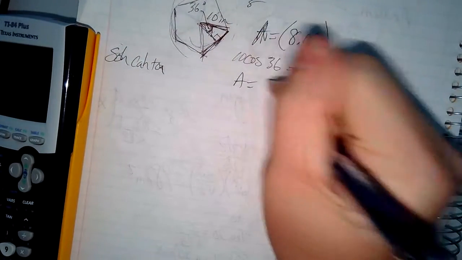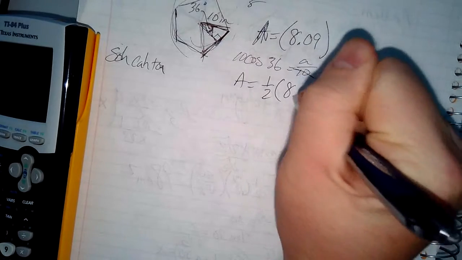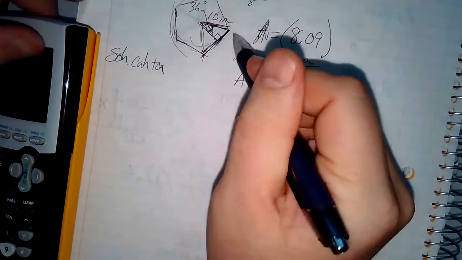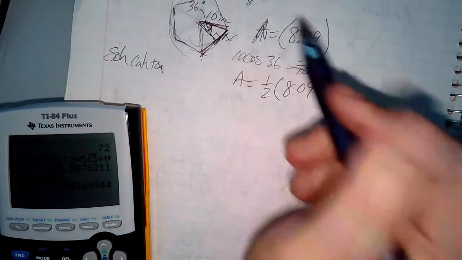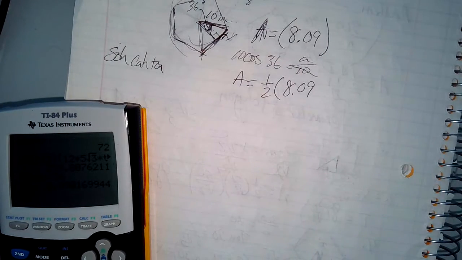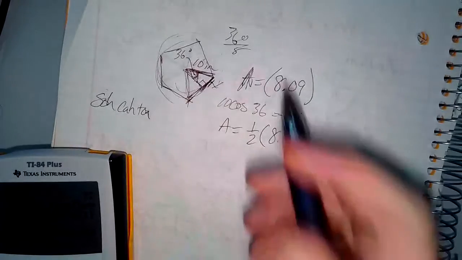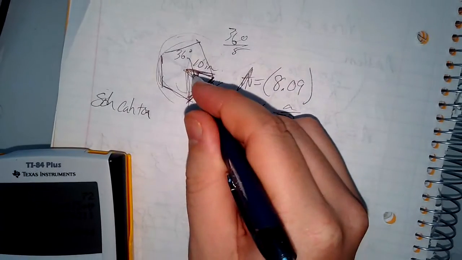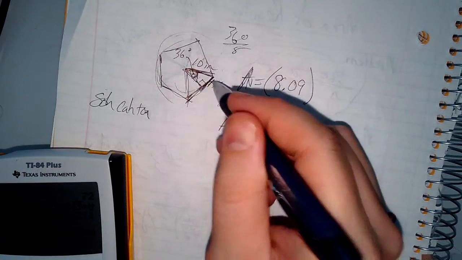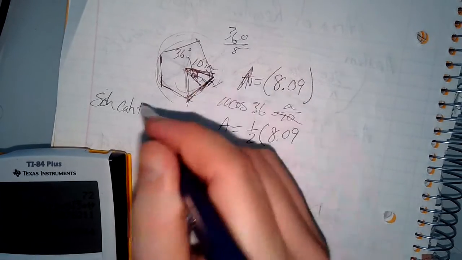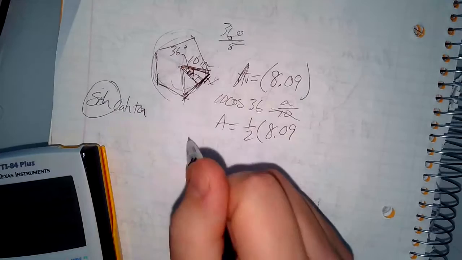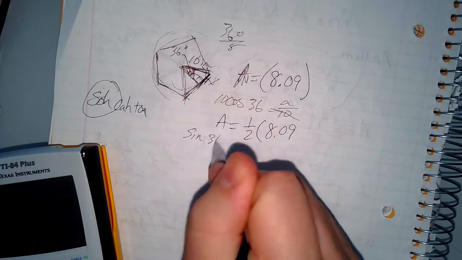Now we're going to use that same sort of thing to find this piece right here. Let's call it x. So we have 36 degrees. We have 10 inches. We're going to be doing opposite and hypotenuse, which is sine. So sine of 36 is equal to opposite x over hypotenuse 10.